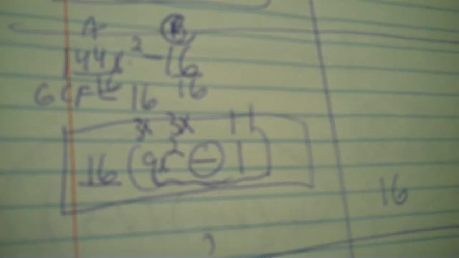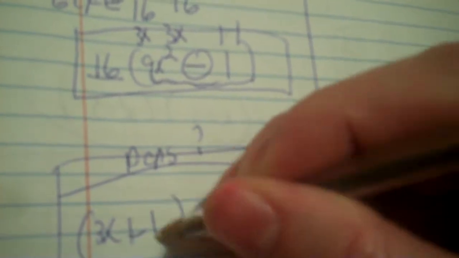Okay, so I have my minus. 1 times 1. 9's here, it's 3 times 3. And then the x to the second means I attach a factor of x to each of those 3's. So it'd be 3x 1, 3x 1, and that's my answer. 16 times 3x plus 1, 3x minus 1. Okay. Let's keep it going.